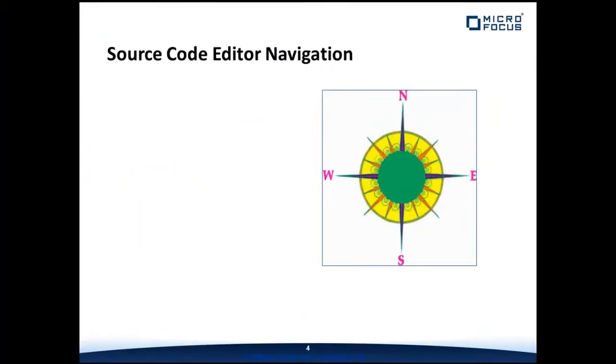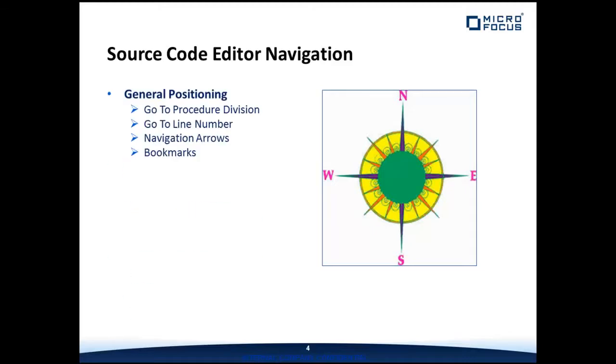There are a variety of methods that can be used to navigate through your COBOL source files within your projects and solutions. General positioning features include positioning directly to the first statement in the procedure division or to a specific line number. Navigate backward and forward arrows allow you to move to previous and next locations within your sources, and bookmarks can be set on source lines, allowing you to freely move between them.